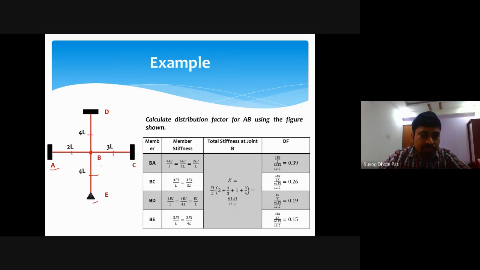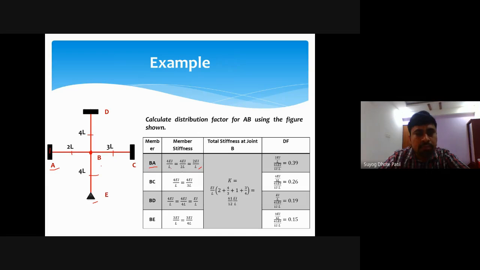This member is pin-jointed, but for the time being we will assume that this joint B is fixed. So my stiffness factor will be 4EI by L. For BA, it will be 4EI by L, where L is 2L, so 4EI by 2L, which is 2EI by L.